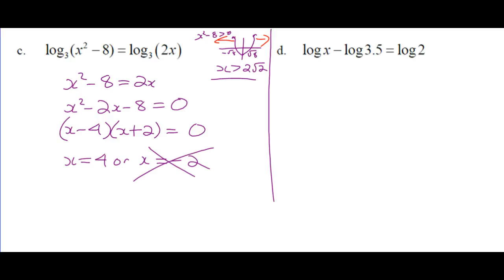Would it be correct to assume that you could go 3 to the power of log base 3 of 2x is equal to 3 to the power of log base 3 of x squared minus 8? Right? You could put this into exponential form. When you're doing 3 to a base 3 log, it just becomes this.